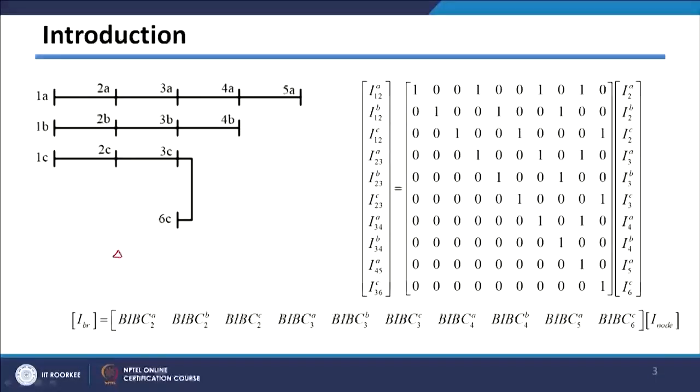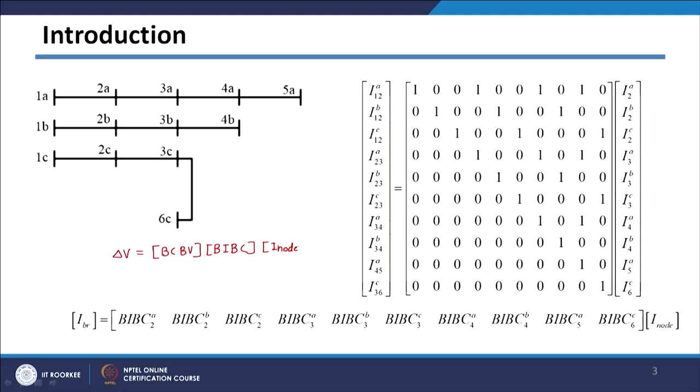We have seen this direct approach in the load flow method. We used a direct approach for load flow calculations, and in that calculation we have seen the equation delta V equals BCBV multiplied by BIBC into your nodal current, I node.